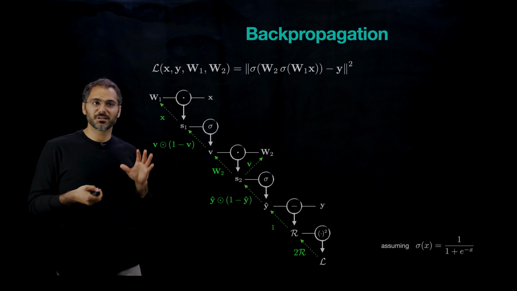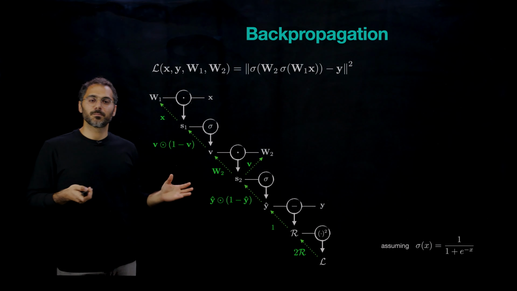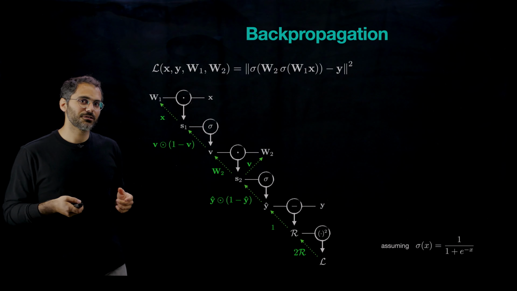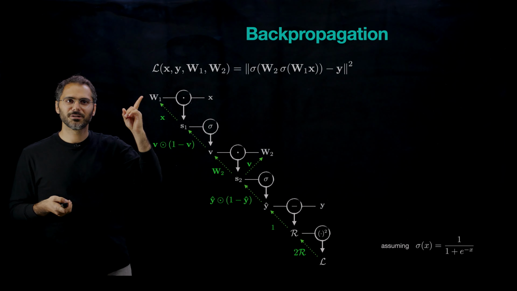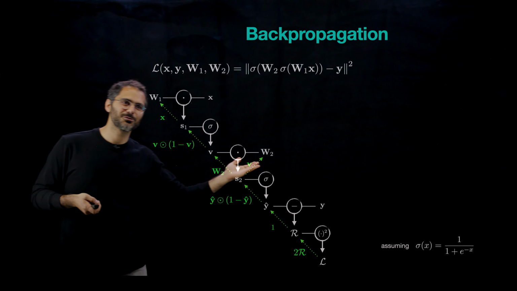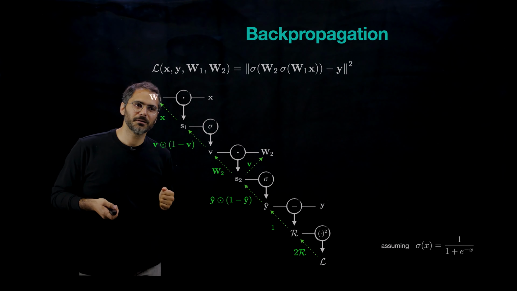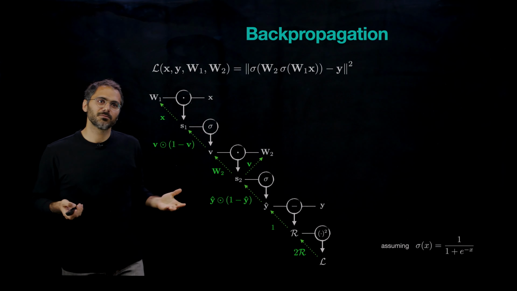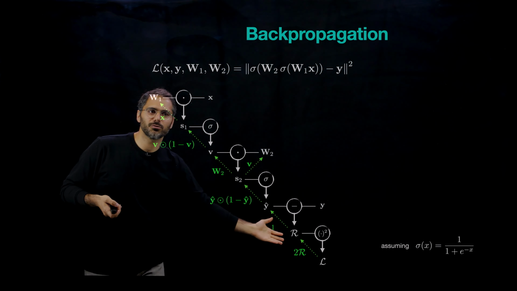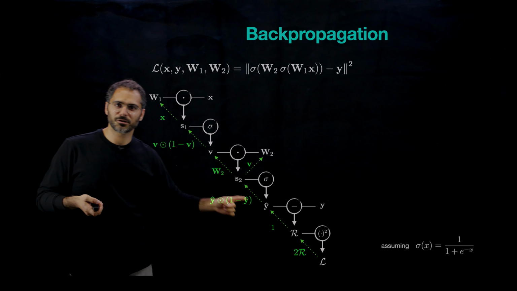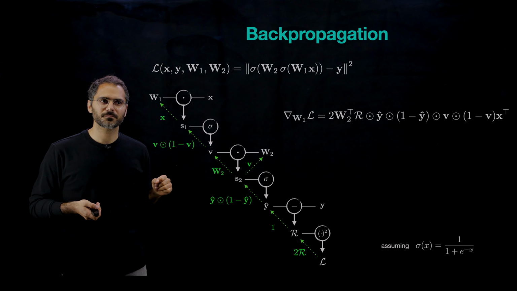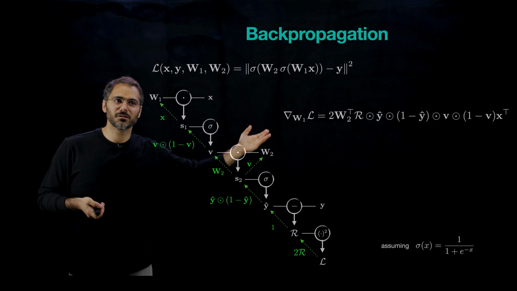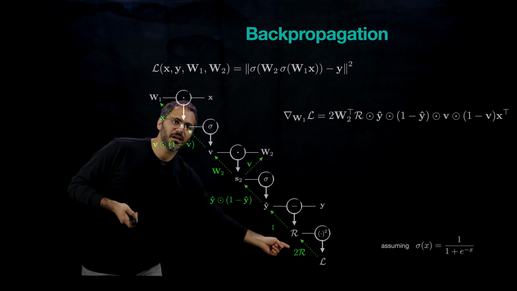What's the point of building this whole graph? The point is, now I want to calculate the gradient of the loss with respect to w1, shown here, and with respect to w2, shown here. OK? How do you do that? Now it's very simple. All you need to do is multiply all the green arrows going back from L to W1 and L to W2. In the case of W1, you have to do gradients of L with respect to W1.